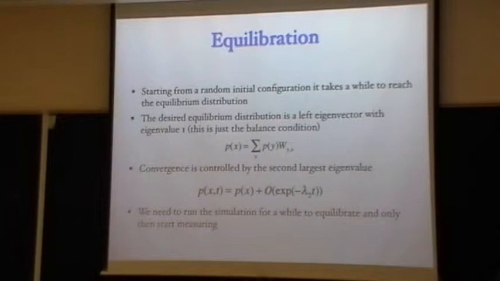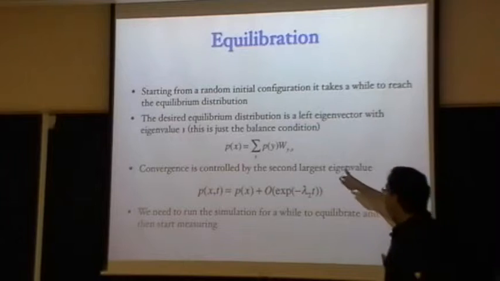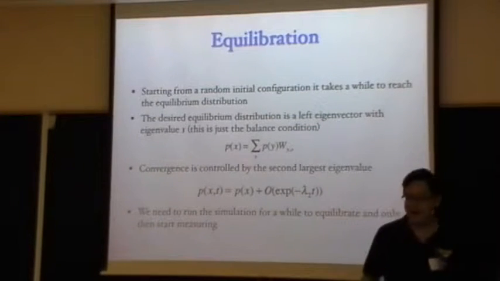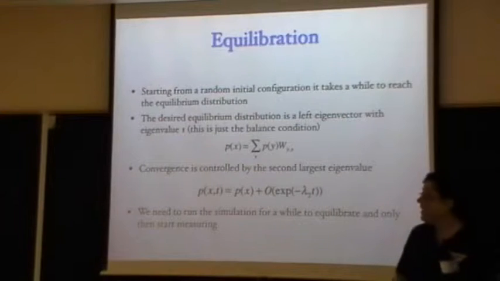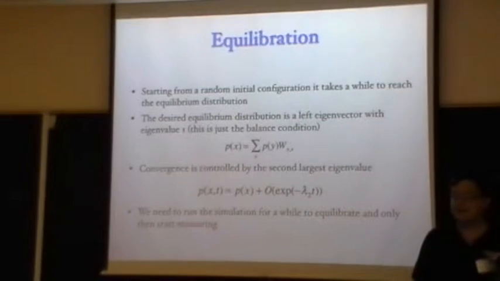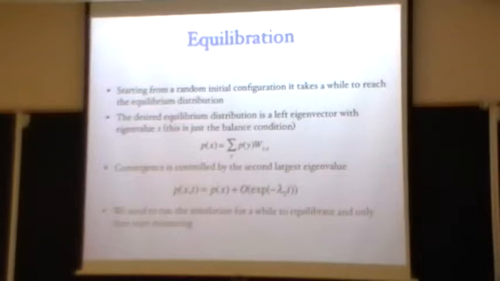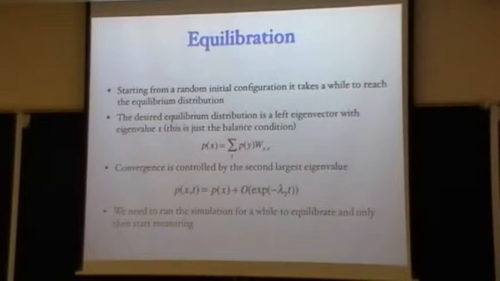And how long that takes depends on the spectrum of the matrix W. We know it has an eigenvalue 1, which is the fixed point distribution, but it has some others, and it's the second largest eigenvalue that will determine how long it takes to converge.